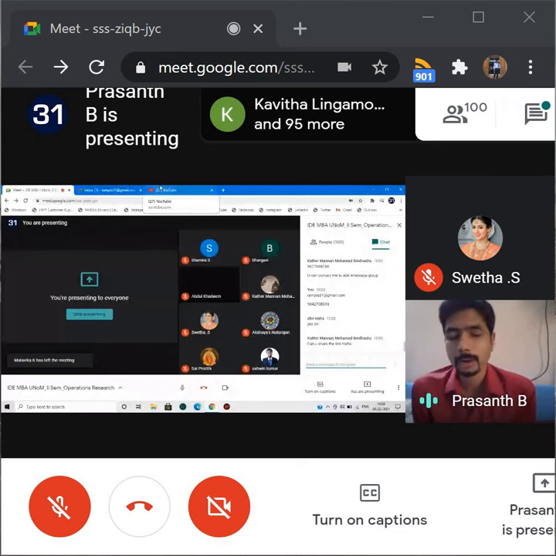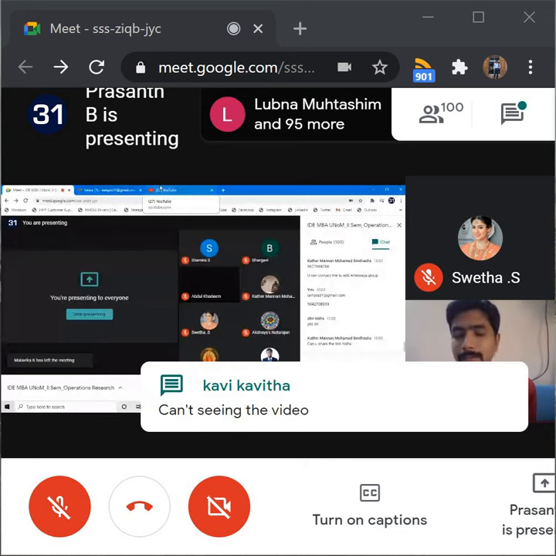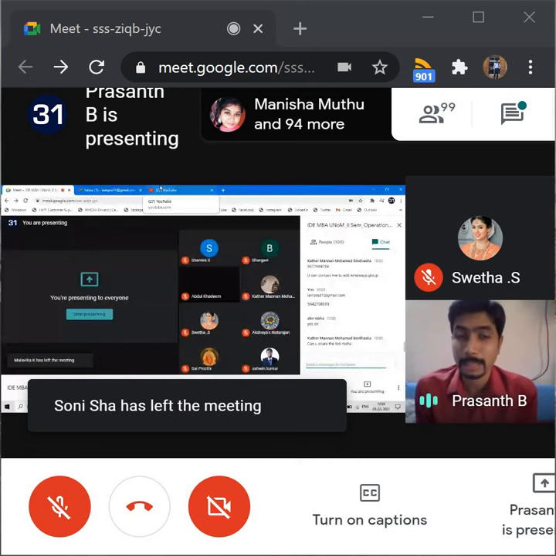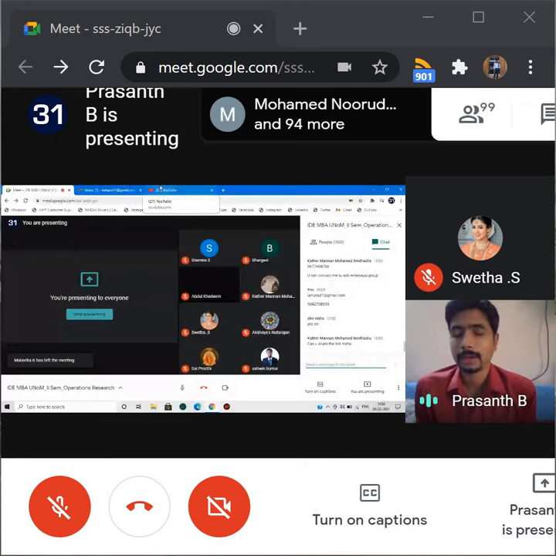That is what you are going to study in the replacement problem: at what time you have to stop servicing and replace the machine. So this is all about the replacement decision. In your book, it might be called a replacement decision.